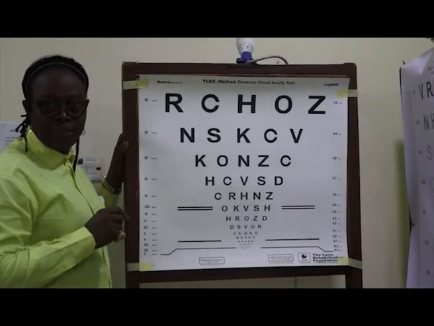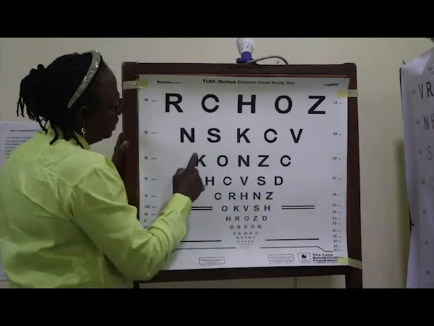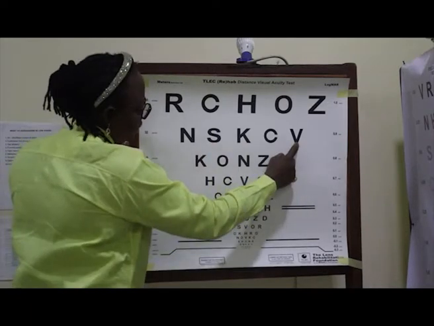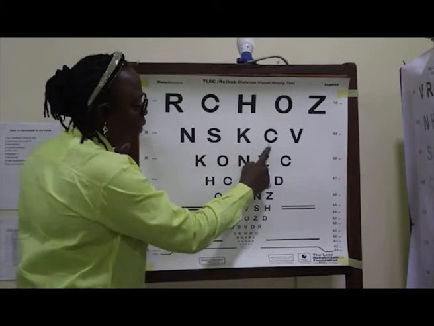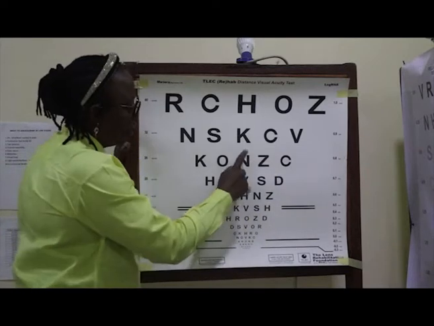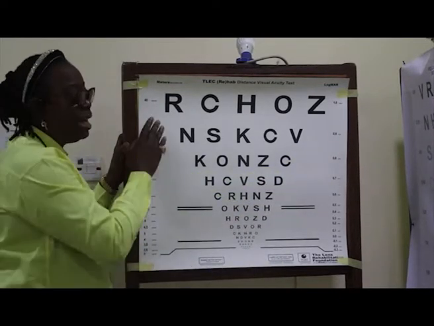Now, a second method. If your patient is not able to read these 3 letters, but could read these 2 letters, what you are expected to do is to add these 3 values, 0.02, 0.02, 0.02, making 0.06, and you add it to 0.9, and that will give you the same value.